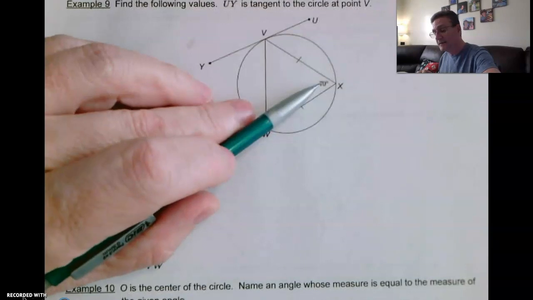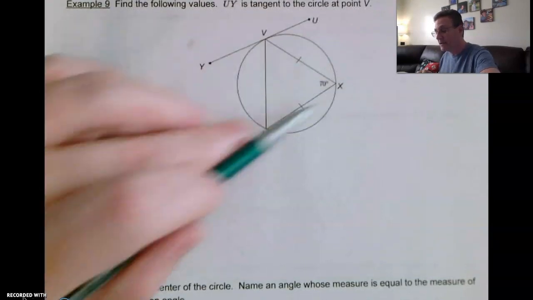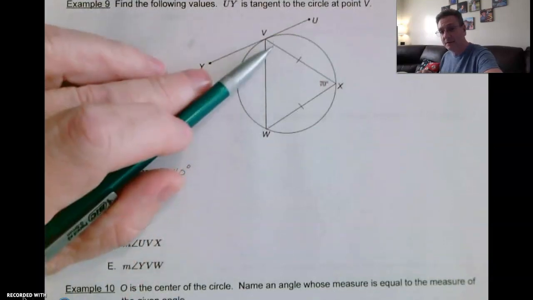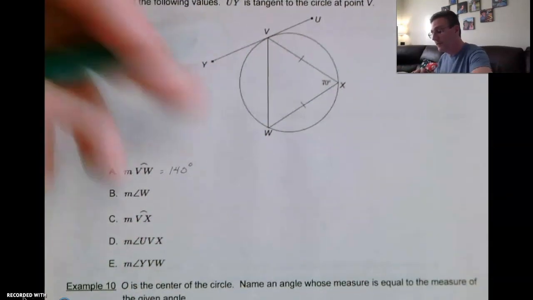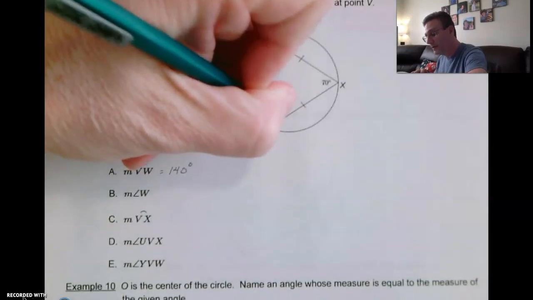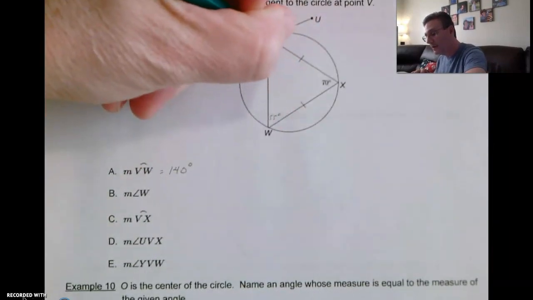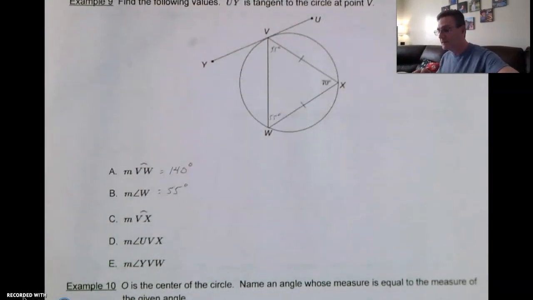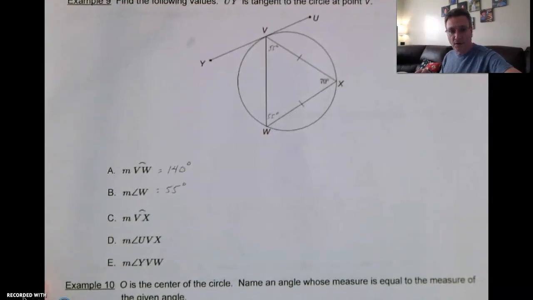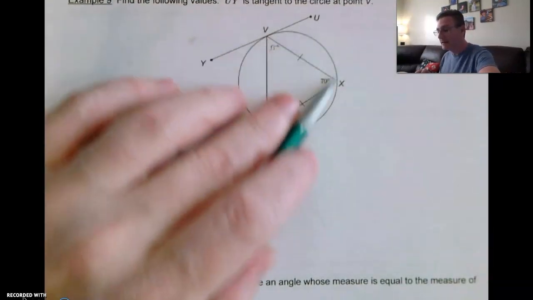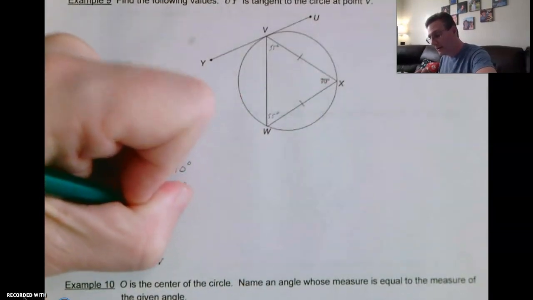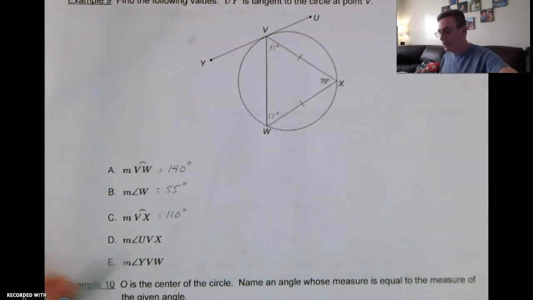Find the measure of angle W. Okay, well, if this is 70 and this is isosceles, then there's 110 divided by 2 to give me here and here. So 55 and 55. So 55 degrees. Measure of arc VX, twice the 55, 110 degrees. Measure of angle UVX.